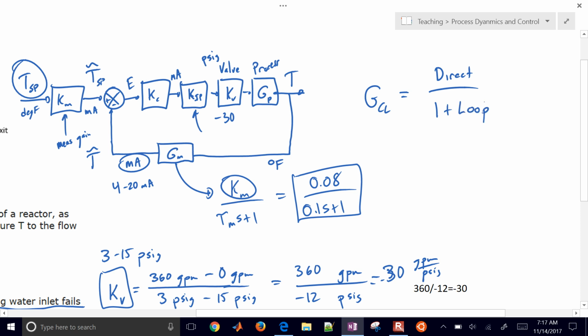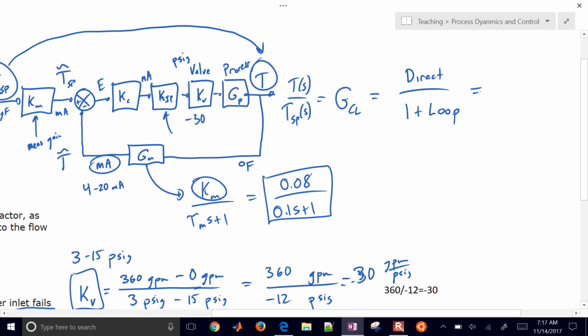You could also do block diagram algebra, but basically I want to get a transfer function between temperature set point and temperature. To do that, I'll just multiply all of the things that are in the direct line between those, and then 1 plus whatever is in the loop.